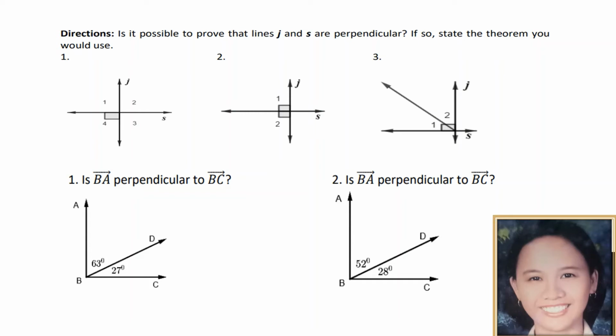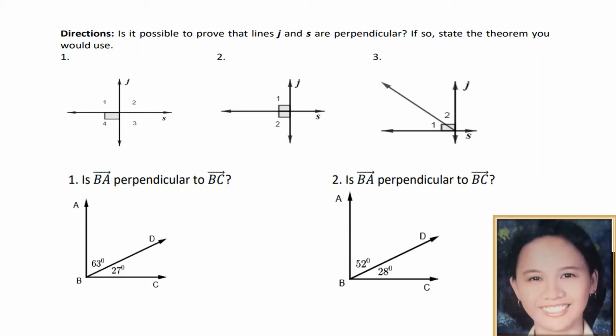Let's have this. Is ray BA perpendicular to ray BC? Now we have to add the two measures of acute angles. We have 63 degrees and 27 degrees. If we add them, they sum up to 90 degrees. Therefore, these two angles are adjacent and at the same time complementary, so they form a right angle.